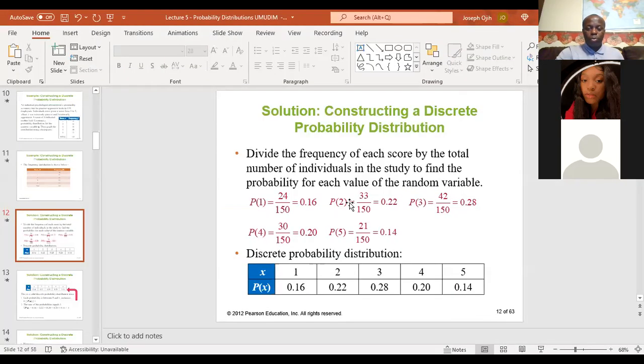So if you do it for 2, you divide 33 by 150. Each one divided by 150. I'm going to do the first one, and I'm going to enter the rest of them for you.